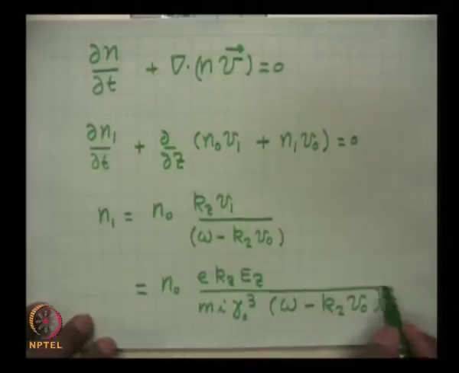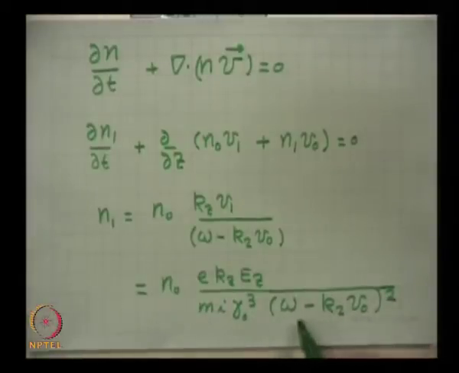Density perturbation becomes very large in the vicinity when omega upon kz becomes equal to v0, when the phase velocity of the wave in z direction becomes equal to beam velocity. This is an important point here, and obviously it decreases with increasing gamma 0. So if you have a beam of larger kinetic energy, then gamma 0 will be larger and this effect will be suppressed.